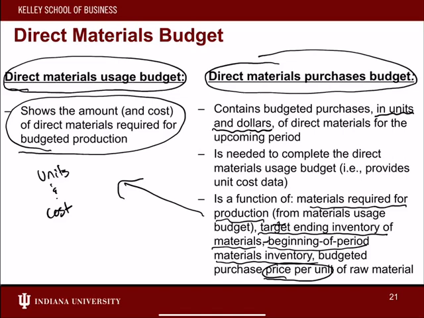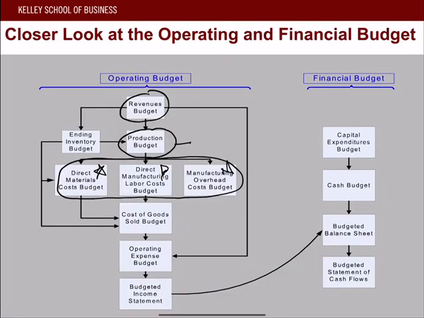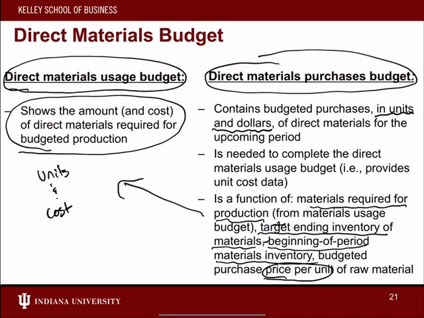We know from the prior slide how many we're going to produce. Now we're going to use that same formula for how many units we're going to produce and do the same thing for direct materials. We know how many we're going to produce, so we know how much direct material we need, plus any ending inventory balances we want to have is the total amount we're going to need minus any inventory that we have at the beginning of the period.